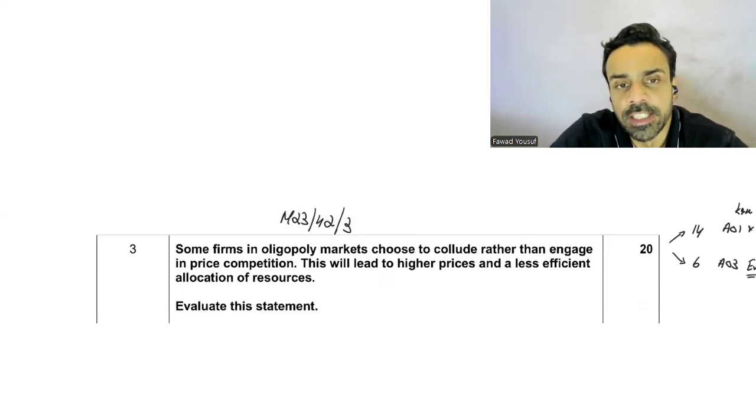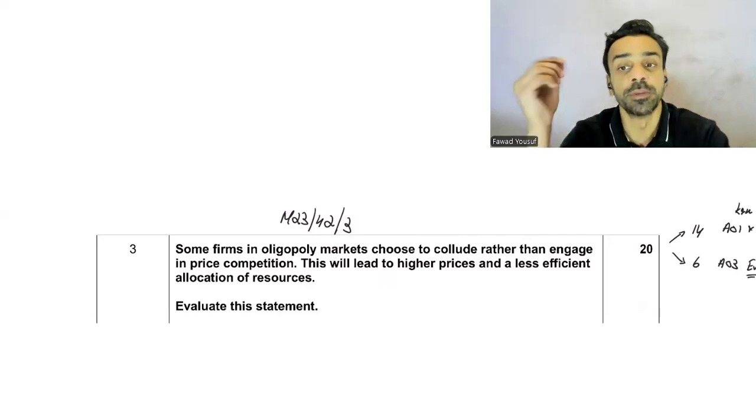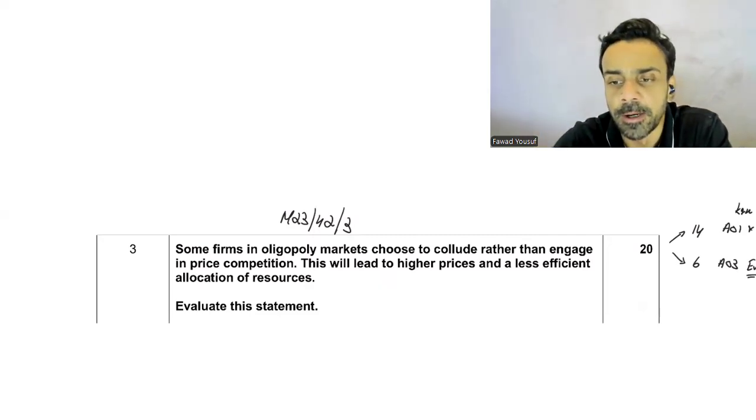Since this is purely on oligopoly, obviously we have to define oligopoly and some of its fundamental features, like how there are a few dominant firms and they are all interdependent on each other, and all of that.